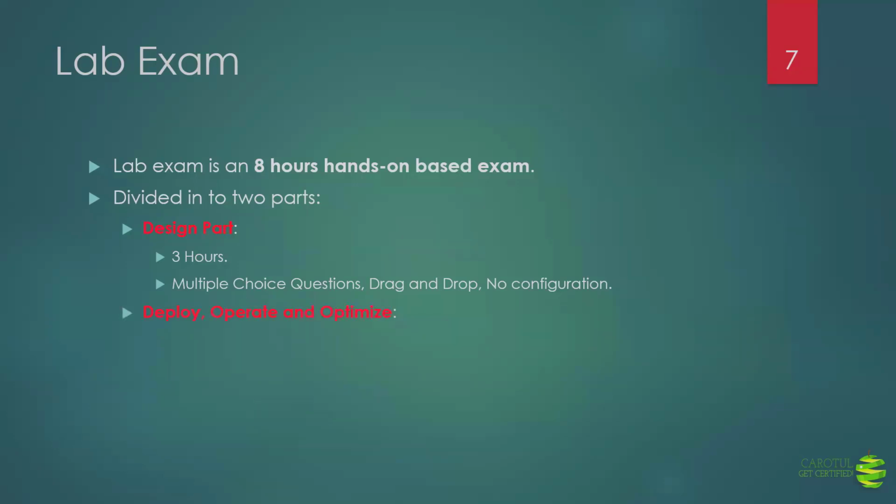And then you get to the deploy, operate, and optimize section, which is the remaining 5 hours. This one is the most crucial one because you have to configure topologies. Like I just showed you the multi-protocol topology earlier, similar to that, you have to configure. It has three major sections: the core technologies of routing and switching, which includes switching, routing protocols, BGP, IPv6, multicasting, QoS, MPLS, DMVPN, all the IP services.